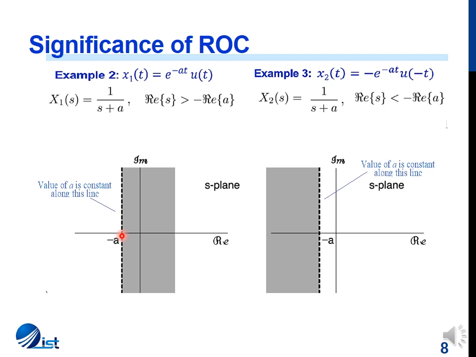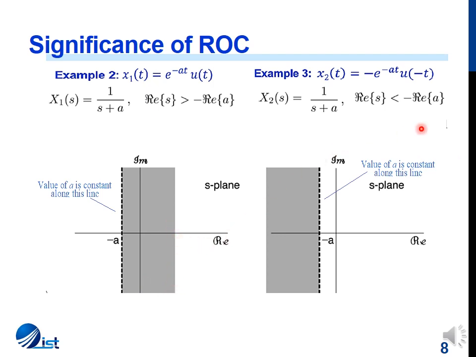Now, if we try to plot the value minus a in the s-plane, since it is a real value, it means that our real value is fixed to minus a, where the imaginary values can take any value. So it is going to be a straight line. And ROC greater than real of minus a means that the ROC is all that portion which lies beyond that minus a value. So the ROC is this plane.